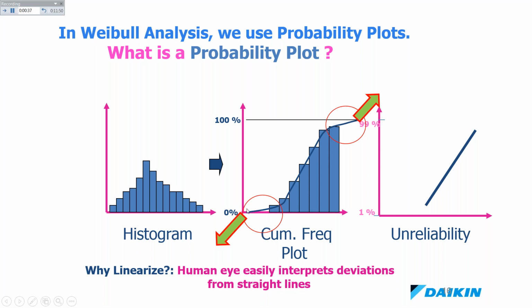If you hold it from the two ends and stretch it, you make a straight line. And that's what you get in a probability plot, any probability plot. To do that, we really distort the y-axis, so it's no longer a linear axis, and that's true for Weibull analysis. Why do we make it a straight line? Because the human eye usually interprets deviation from straight lines, and that's the only reason we do it.